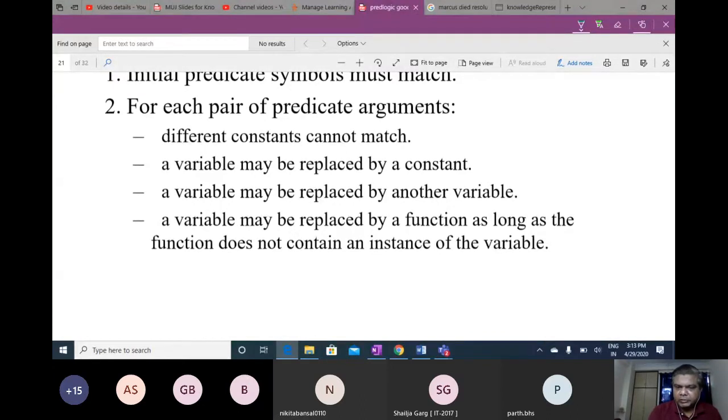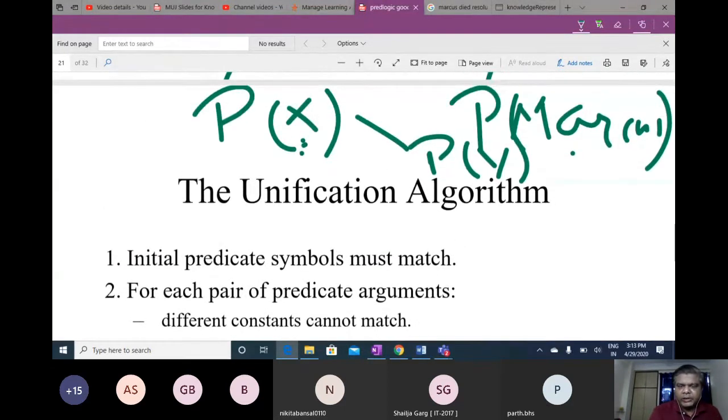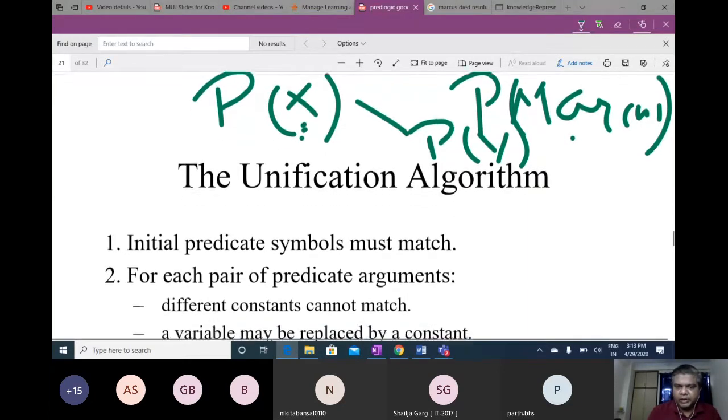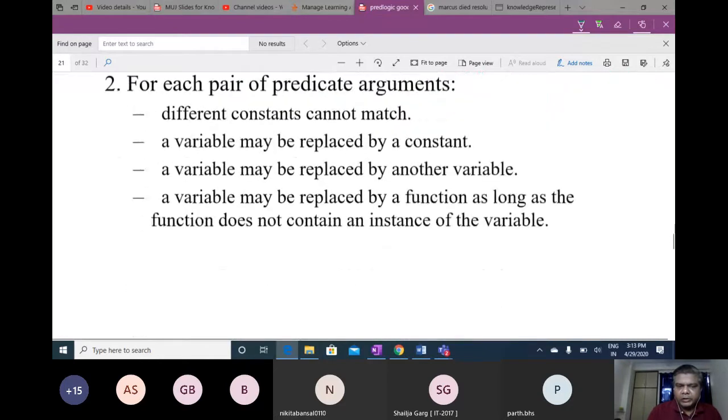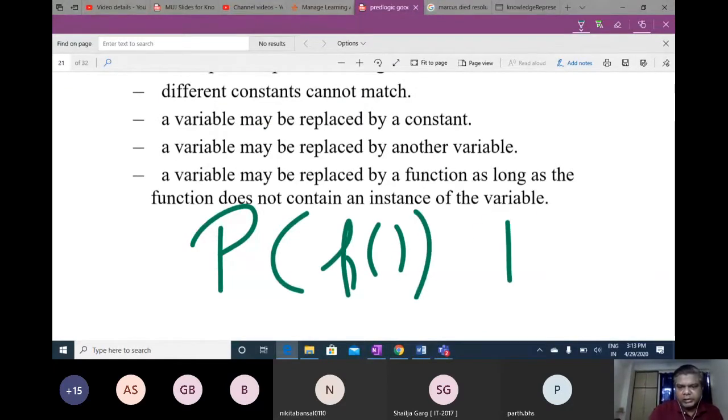What is function here? Any idea? So what it is saying, that if one of the arguments is a function instead of variable, so px and py, suppose there are two predicates px and py, and one of them is a function, so this is P and a function of something else, and this is another P which is y.